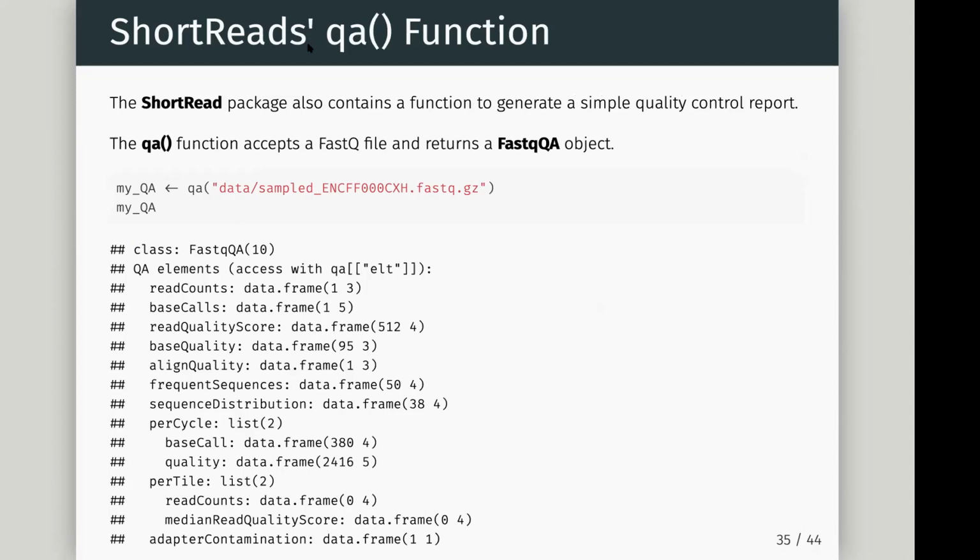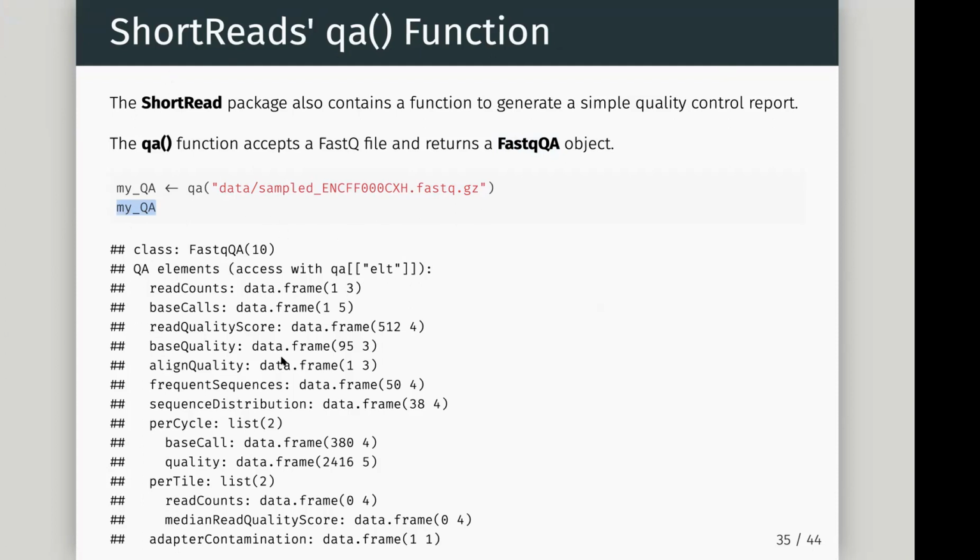The ShortRead package has this qa function which accepts a FastQ file and returns a FastQ QA object. We pass in the path to our data sampled and then the fastq.gz. We have our myQA here, and this now contains all the quality assurance.